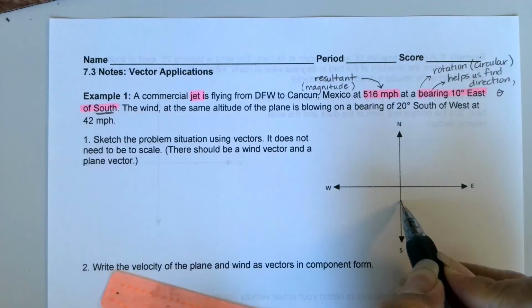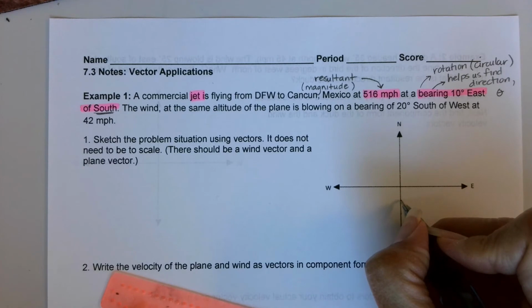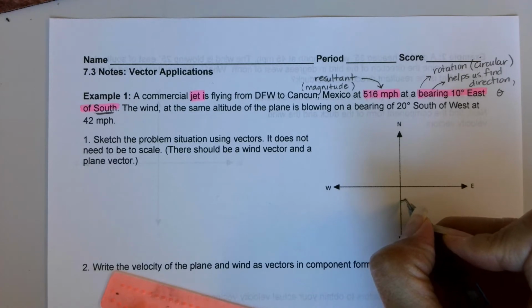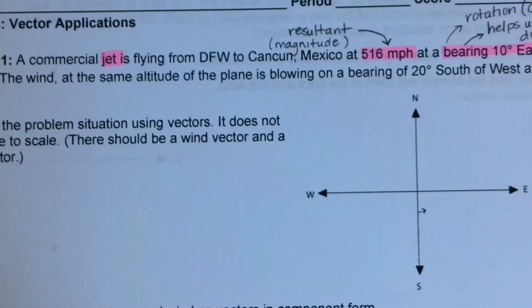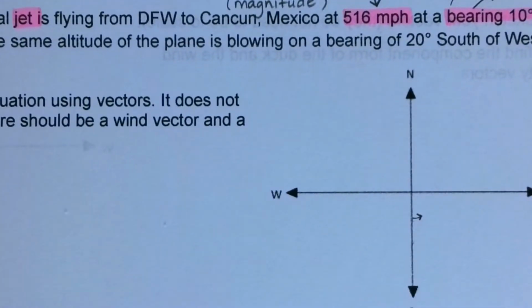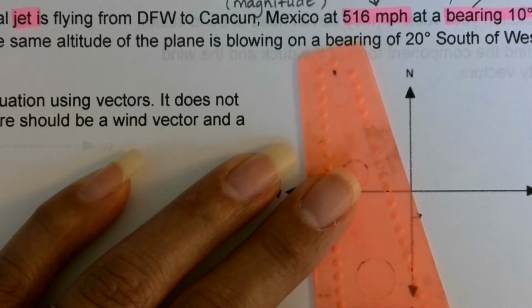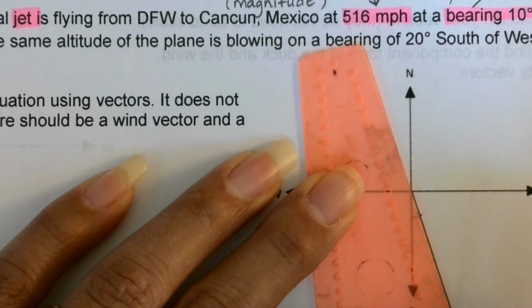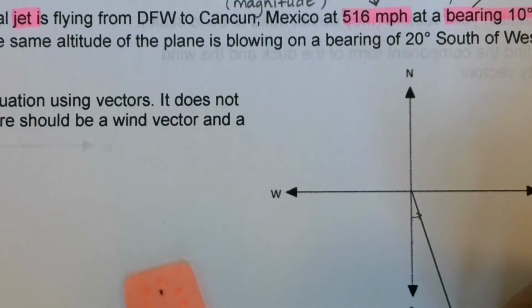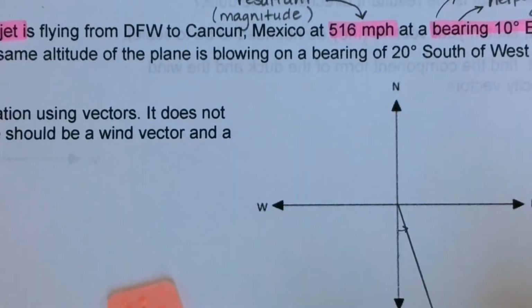So if I'm going east, I'm going to rotate in a circular fashion from south to the right because it's east. Now 10 degrees is rather small, so let me zoom in a second, because that angle is so hard to see, it's pretty narrow. From 0, 0, the origin, I'm going to draw a rather long vector, because it's going to be 516 miles per hour long.